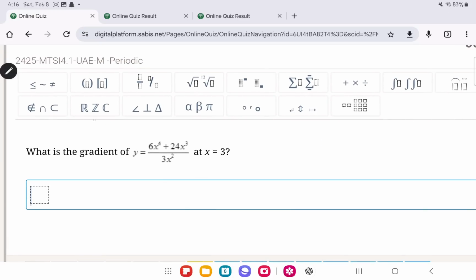Remember, as we said, they're asking for gradient, so we need to find the derivative. Now, always before we find the derivative, we need to solve everything. We need to complete solving everything. So we are going to solve everything before finding the derivative. First thing is that we can separate them into two different fractions.